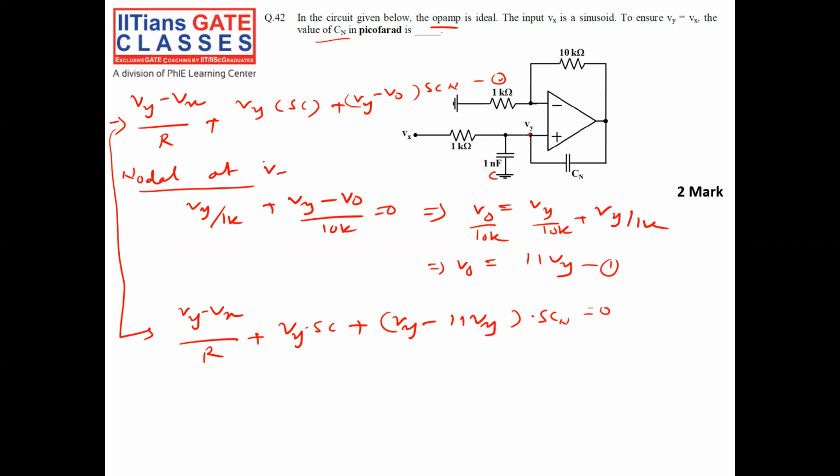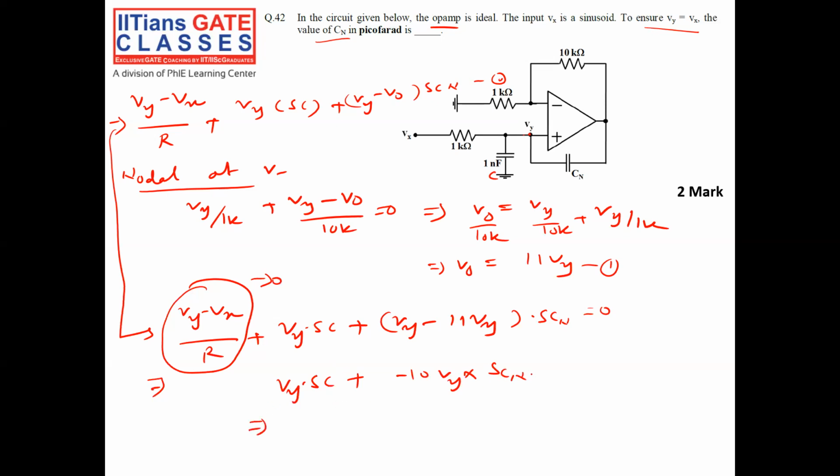In the question it is given that Vy is equal to Vx. We have to find the condition that ensures Vy is equal to Vx. So if Vy is equal to Vx, then this term will go to 0. Then we have Vy into Sc minus 10 into Vy into Scn, so Vy got cancelled.